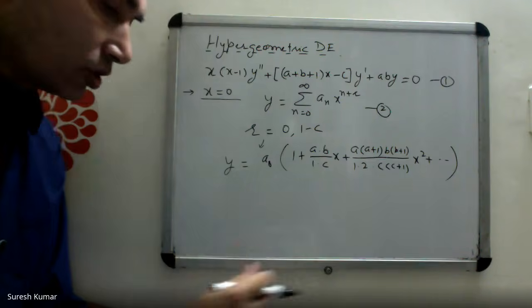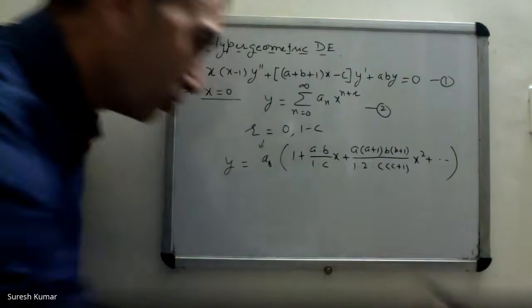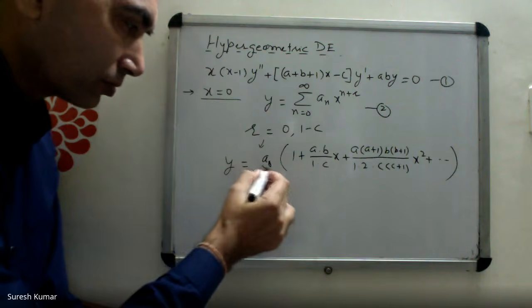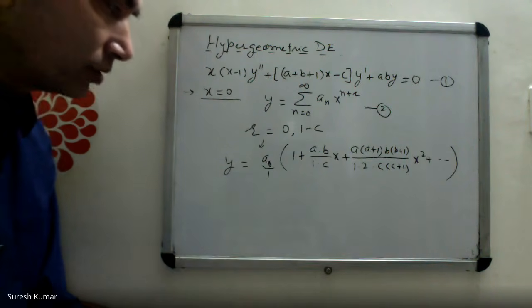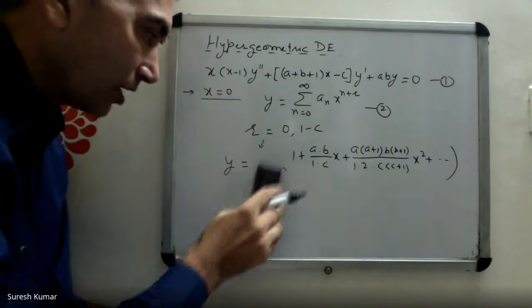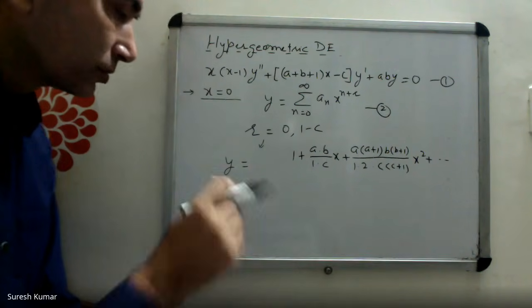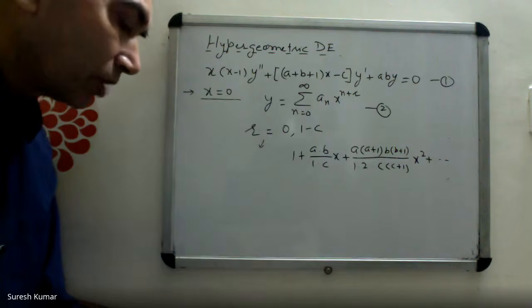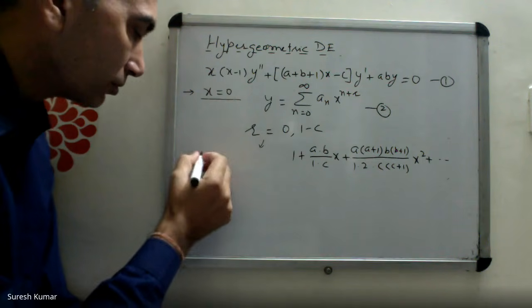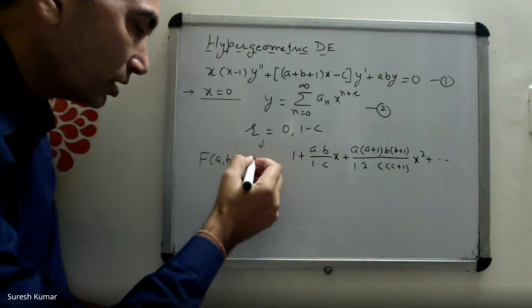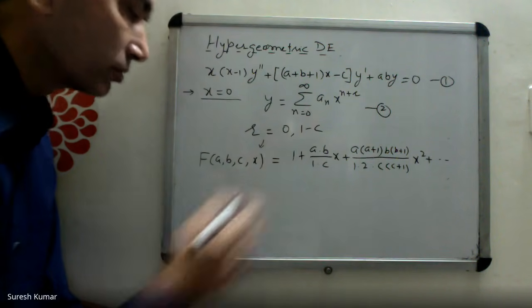In this solution, if I assume the constant a naught equal to 1, then the remaining expression is denoted by a particular symbol, F(a, b, c, x).